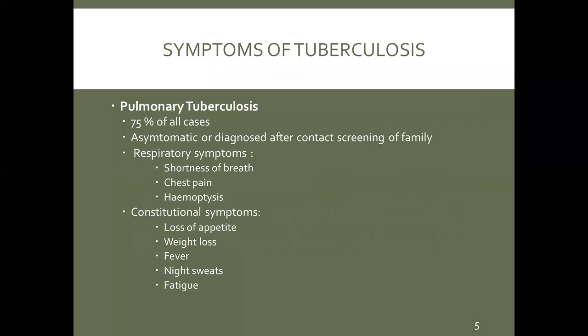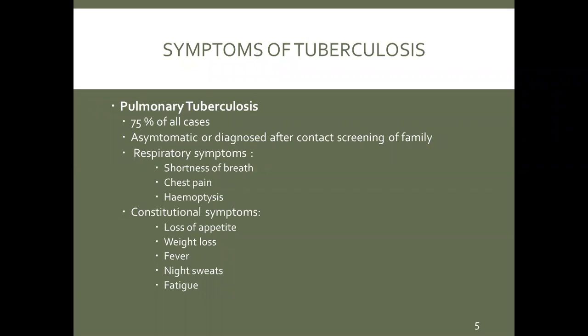If we talk about symptoms of tuberculosis, the most common is pulmonary tuberculosis. Almost 75% of cases are pulmonary tuberculosis. Mostly these are asymptomatic or diagnosed after contact screening of a family member. If we talk about respiratory symptoms, these children usually have shortness of breath, sometimes cough, fever, and chest pains.